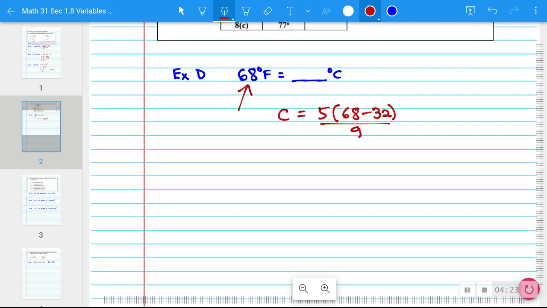Subtracting happens first, so let's off to the side take 68 minus 32. It's going to be 36. And then we do the multiplying next.